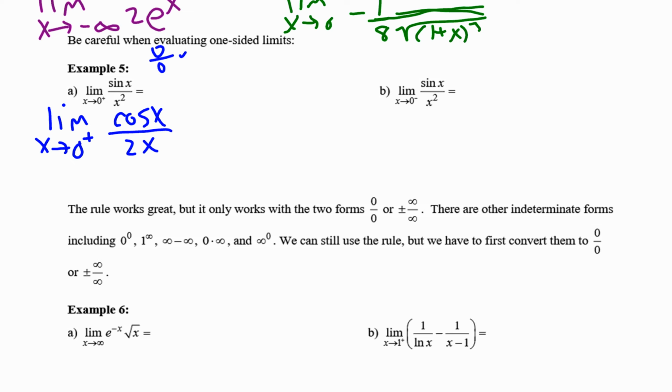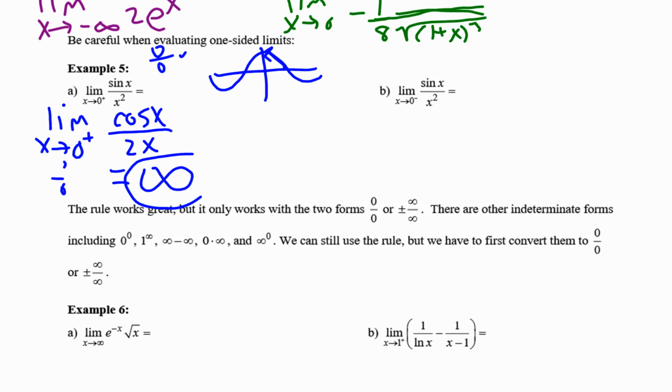Cosine of 0 is 1, and if we think about cosine, it looks like this. And so 2x is 0, so we would get 1 over 0. Now, is that positive or negative infinity then? And since this was positive here, this would be positive infinity.